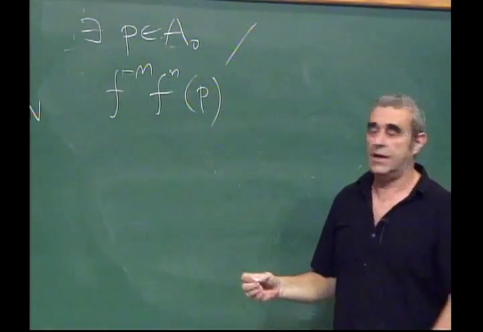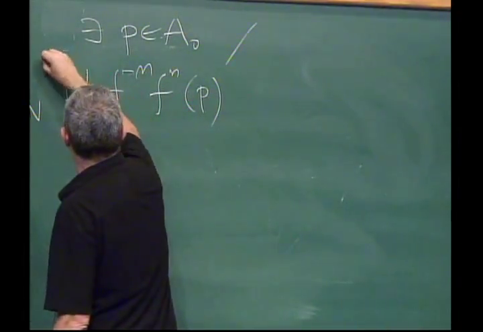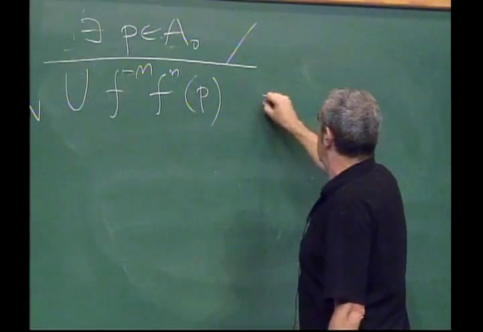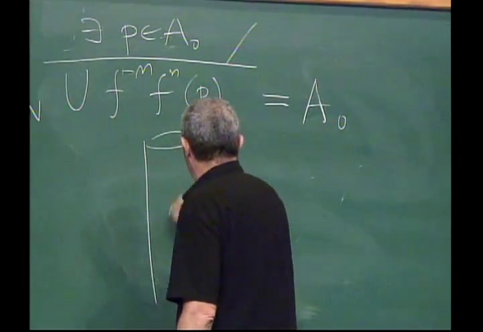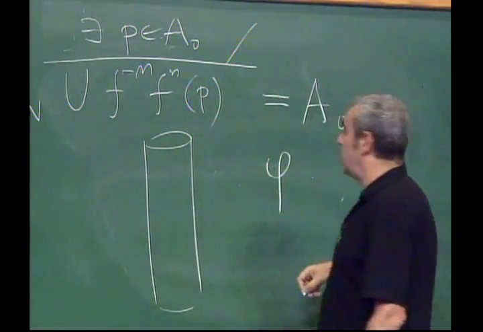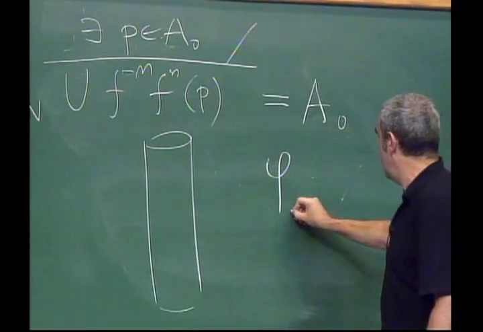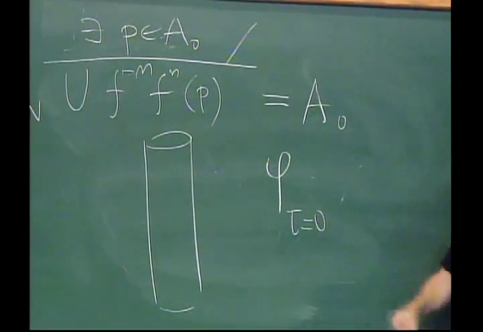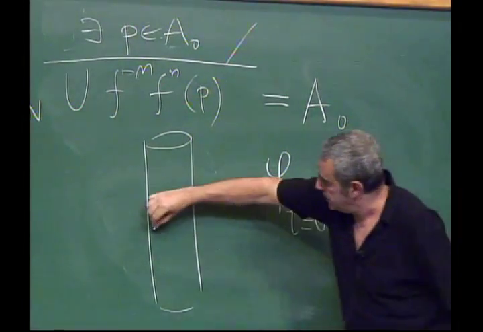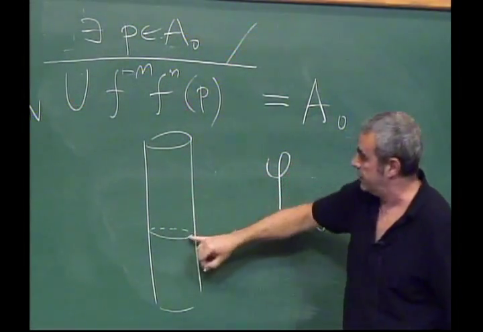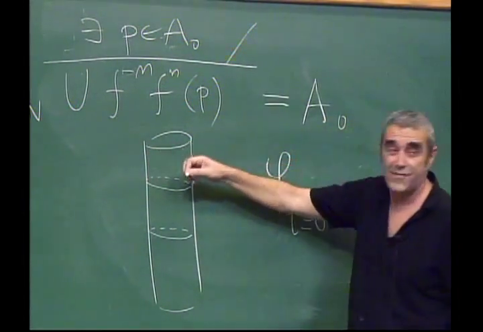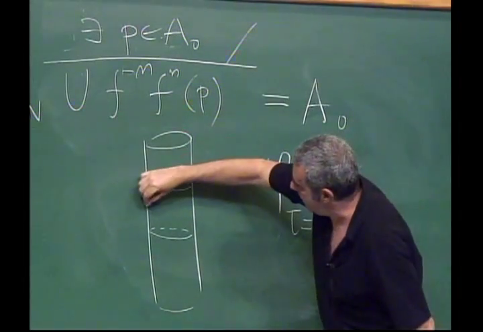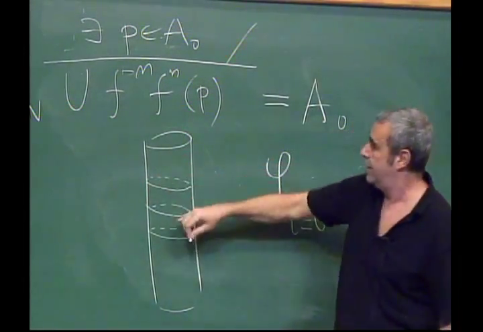If I take the union of these and take the closure, this gives the whole fundamental domain. So think again about the example at the beginning, the function phi when tau is equal to 0. In this example, you have an invariant circle that is an attractor, and every perfect circle is mapped onto another perfect circle, 2 to 1.